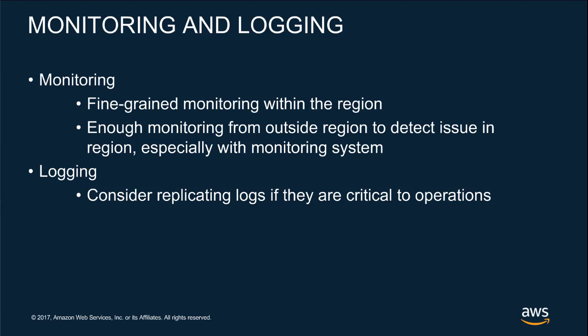We need to make sure that all of the metrics are collected for each region, so that when an alarm sets off, our operator knows exactly where to look. It knows which region and which service it needs to look at. And finally, logging. In the event of an entire region being lost, we still want to be able to access those logs to know what went on. And so it's important that we keep in mind that these need to be replicated.